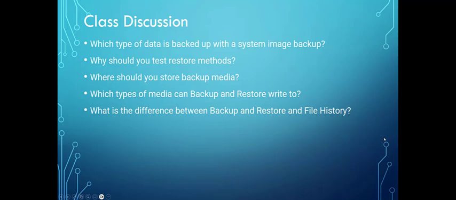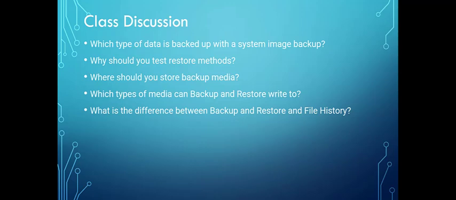So in summary, in this lesson, we discussed system backups. We discussed several different backup types that we can create. We also discussed various backup methods and how often you should perform them. So now you do want to ask yourself, what type of data is backed up with a system image backup?